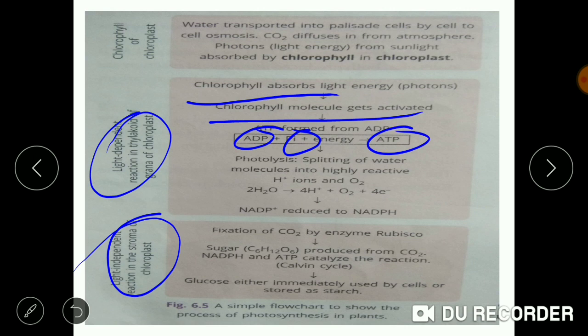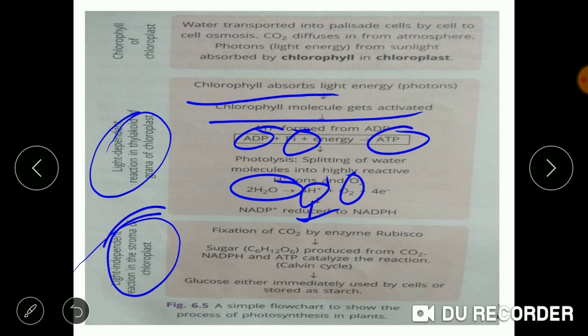Due to the absorption of photons of light, photolysis of the water molecule takes place and H2O is converted into hydrogen ion and oxygen. This hydrogen ion helps in conversion of NADP to NADPH.